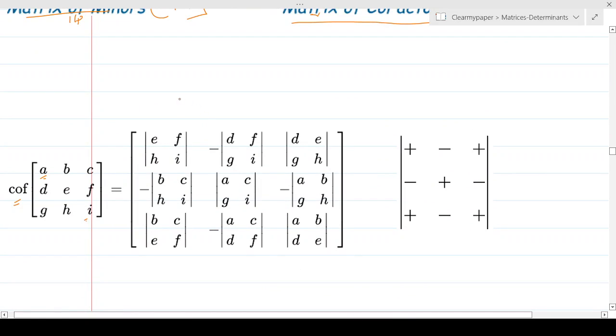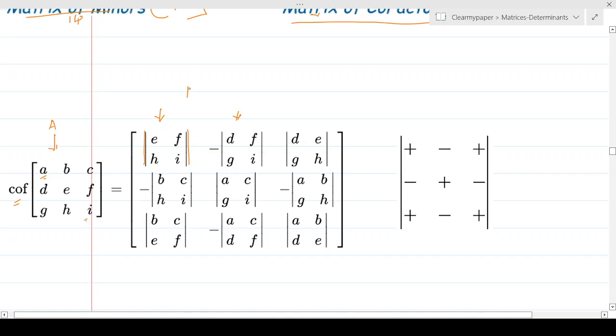So each of these determinants is nothing but the minor of the respective element in this original matrix, which is given to us. Let's say this matrix is given as A, and this becomes a matrix of minors.